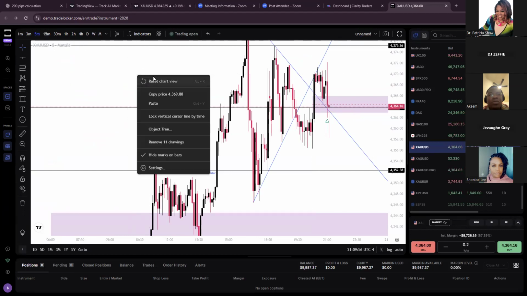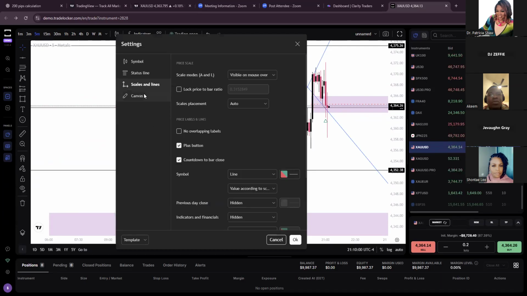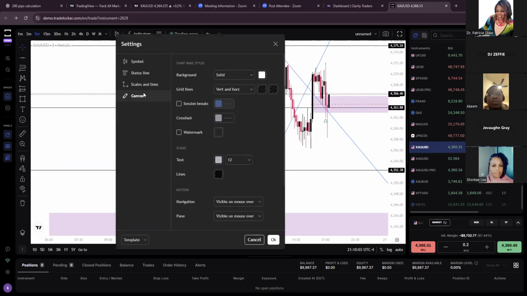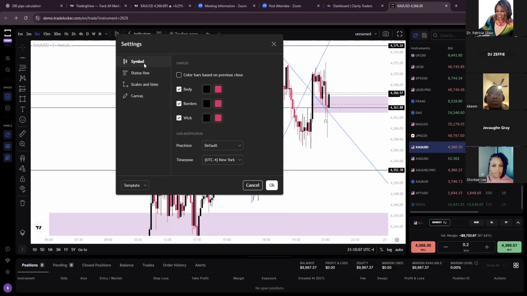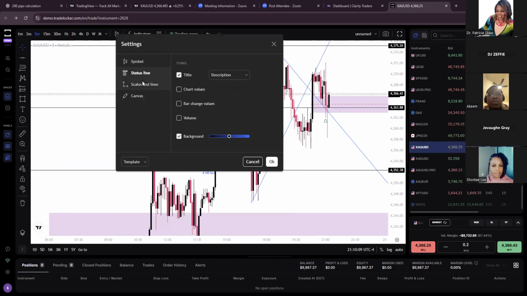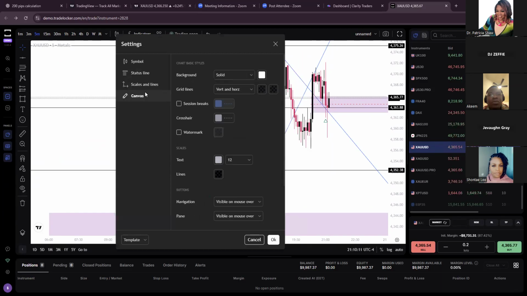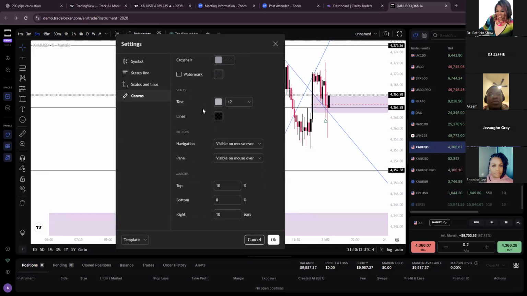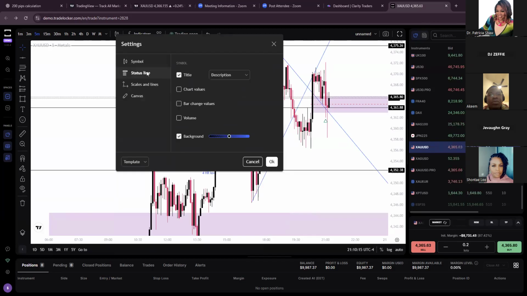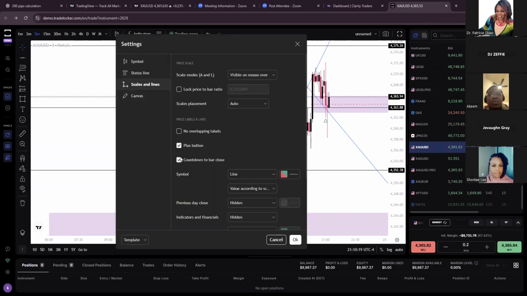I need to figure out how to put my timer back on here because I need it. Oh, nope. It says countdown to bar close.